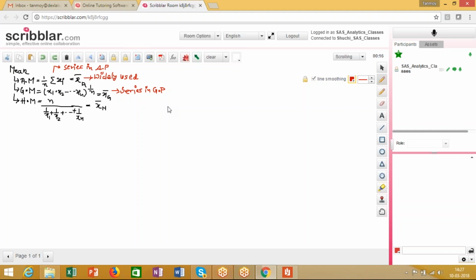So the question that comes out is, what if I use the arithmetic mean (AM) to represent a series which follows geometric progression?